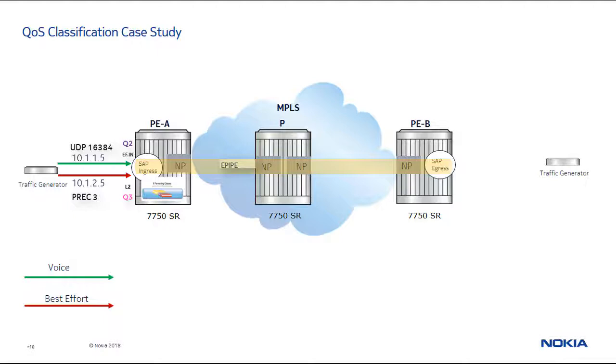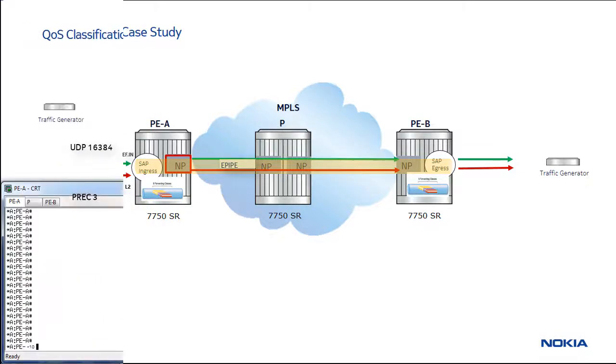On the same PE router, we will then create a new network policy and modify the egress mapping for the best effort forwarding class of L2 by changing the default MPLS EXP bits in the packets on egress. As the packets are sent to router B, we will leave the default network policy on PEB and look at the pre-configured SAP egress policy. We will then demonstrate how EF is still using the same forwarding class, and original L2 forwarding class is now mapped to an AF forwarding class on egress.